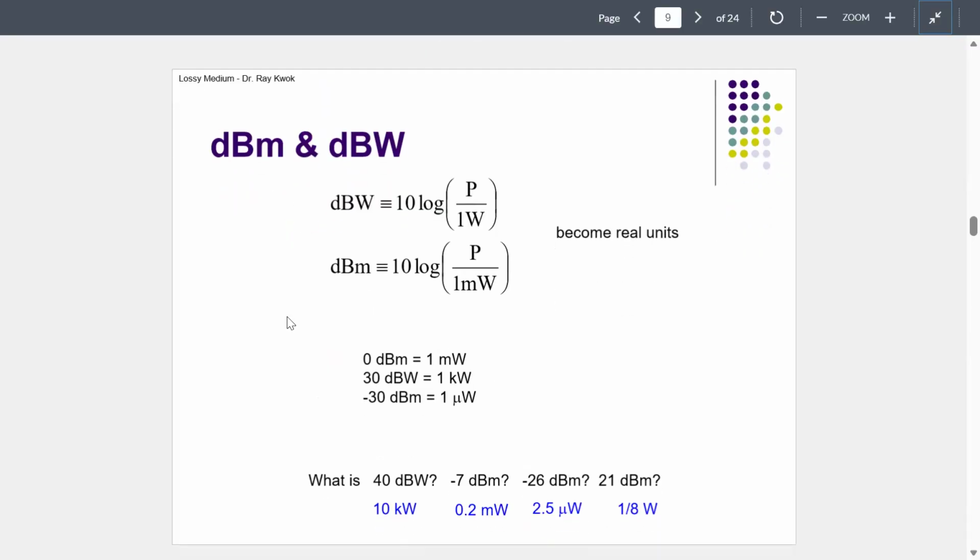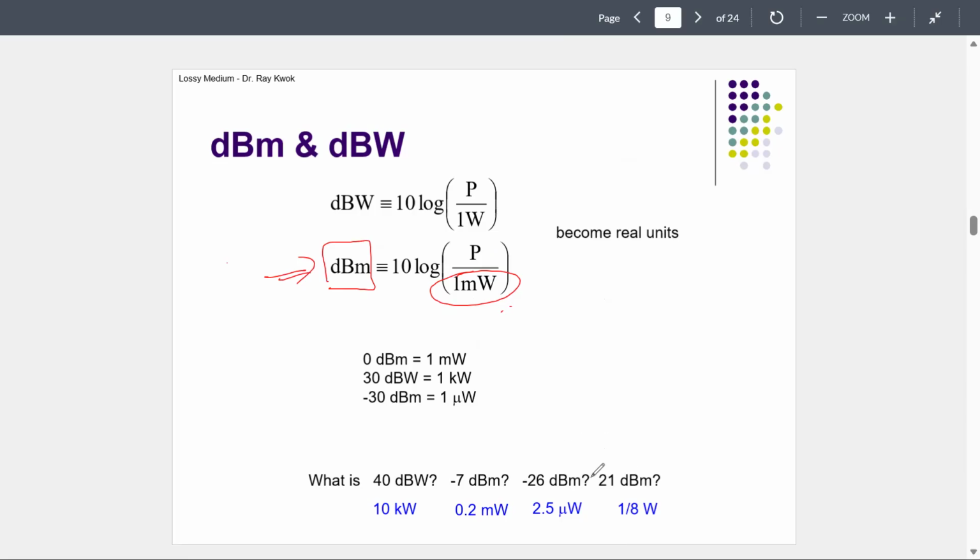Most of us work with small power. Our phone only puts out like 0.7, 0.8 watts, very low power. So if I use 1 milliwatt as a reference, this dB is called dBm. Now this is a real unit of power.